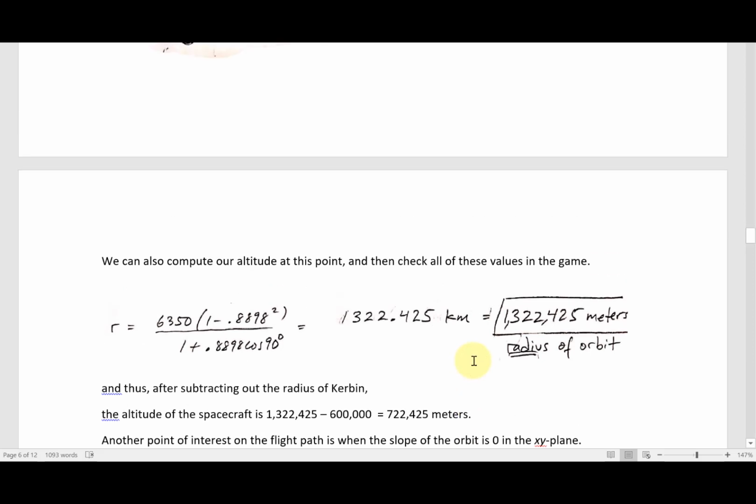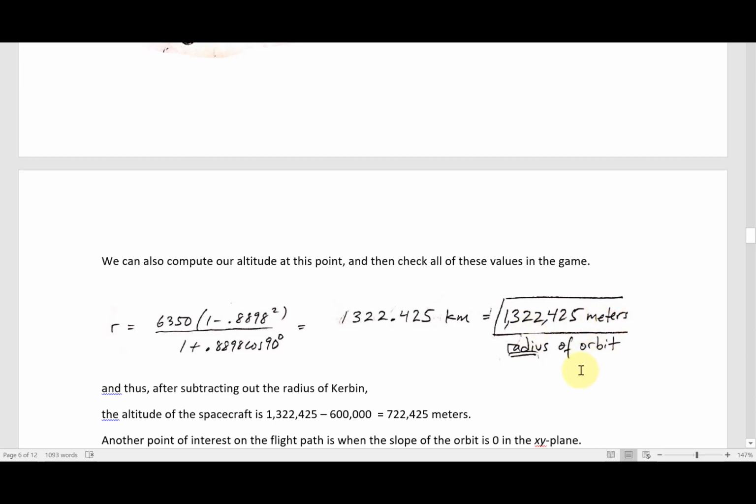Another thing we can check in the game at the moment we hit 90 degrees true anomaly is the altitude, because we have r from the polar form of the orbit. We put in the semi-major axis 6350, the eccentricity, and the true anomaly of 90. We get 1,322.425 kilometers, or about 1,322,425 meters.